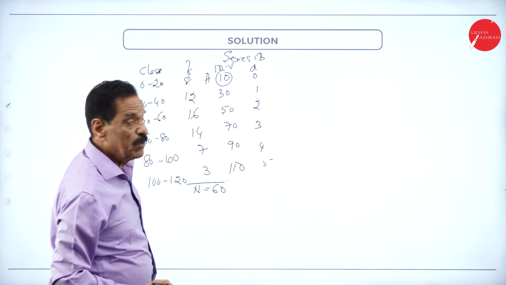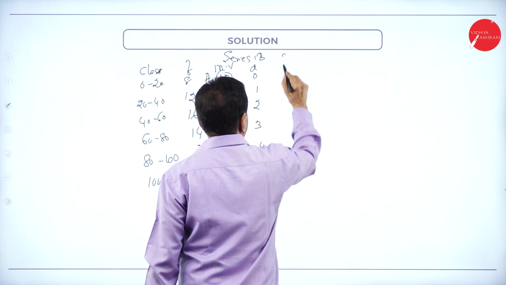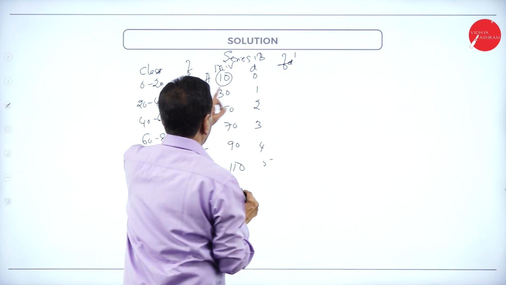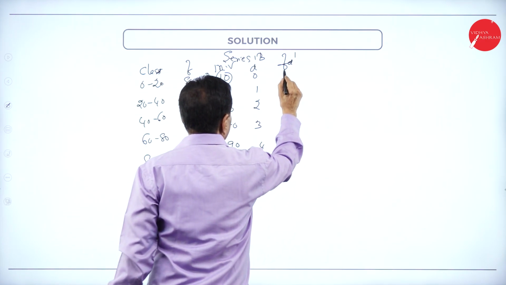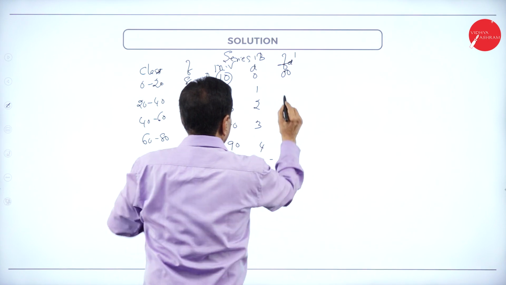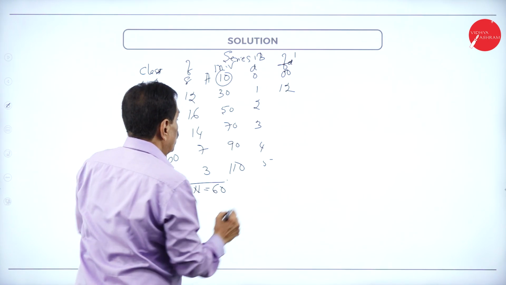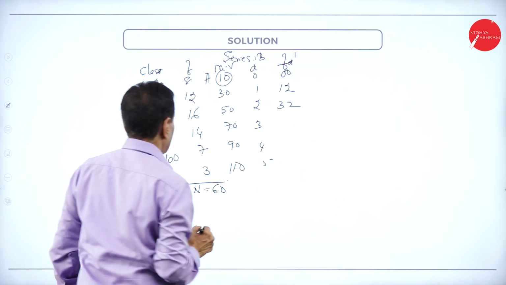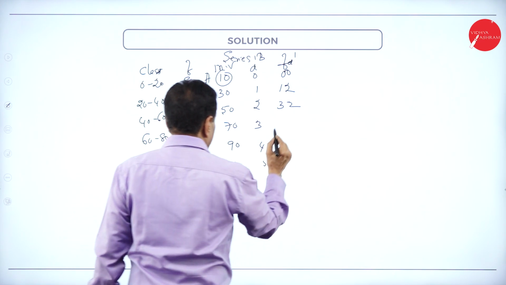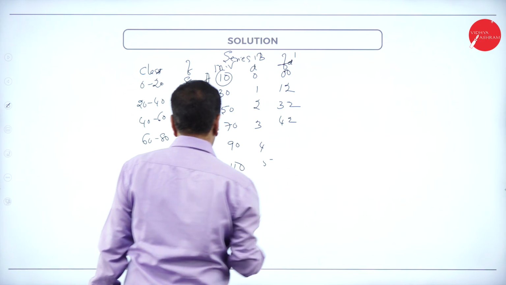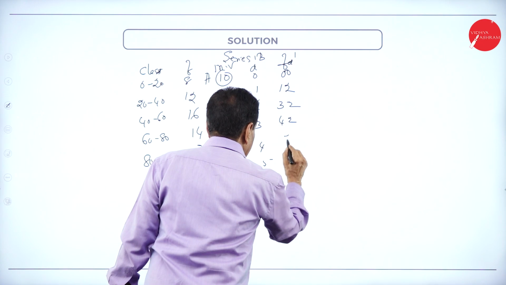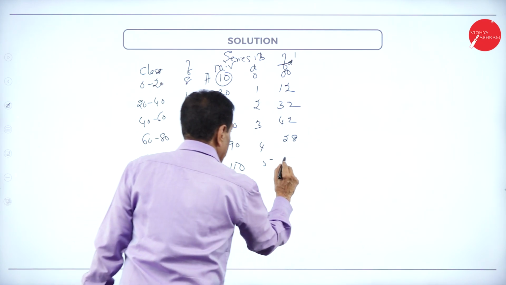Then same type. What is next we want? f t dash. Frequency 8 into 0, 0. 12 ones are 12. 16 twos are 32. 14 threes are 42. 7 fours are 28. 3 fives are 15.